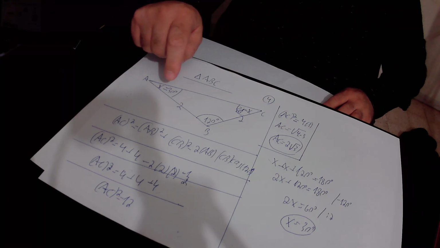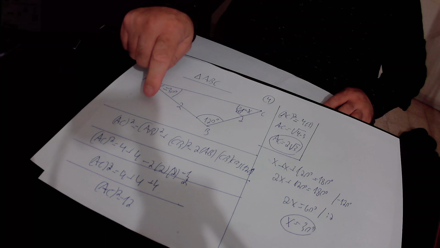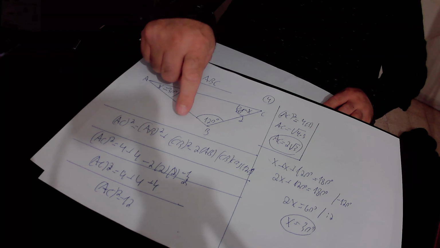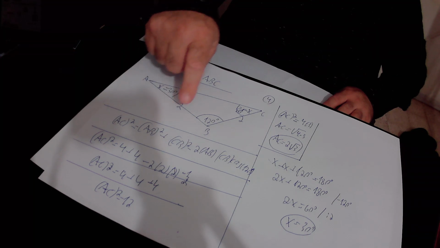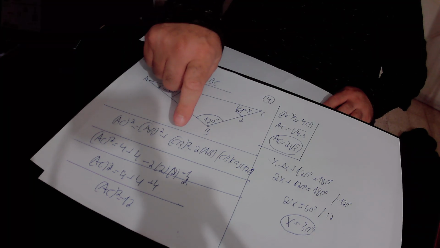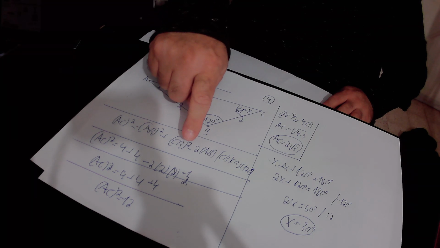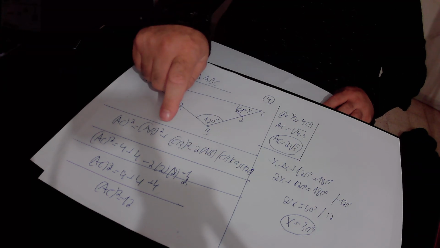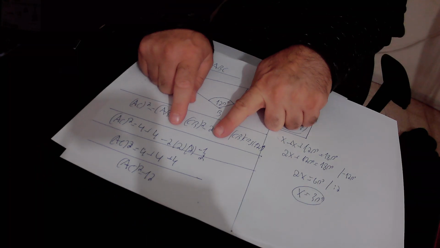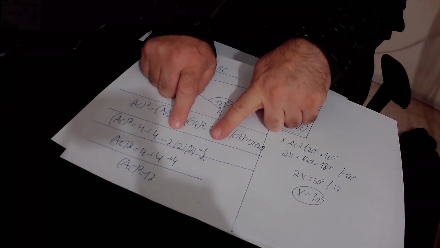So AC square equals AB square. AB is 2, so AB square is 2 squared, that is 4. Plus CB square, CB is 2, so CB square is 2 squared, that is 4. Minus 2 times AB is 2, and CB is also 2, and cosine 120 degrees is minus 1 half. So in this expression we have minus times minus, that is plus.